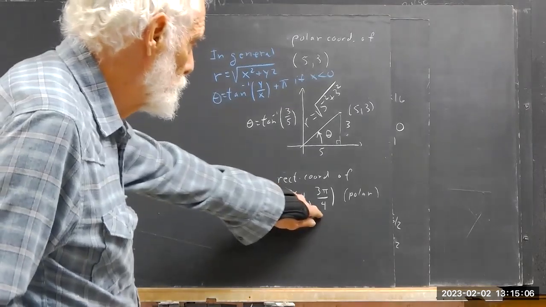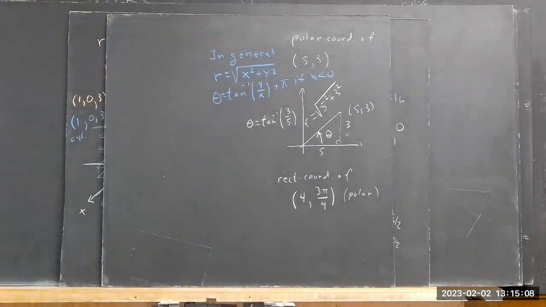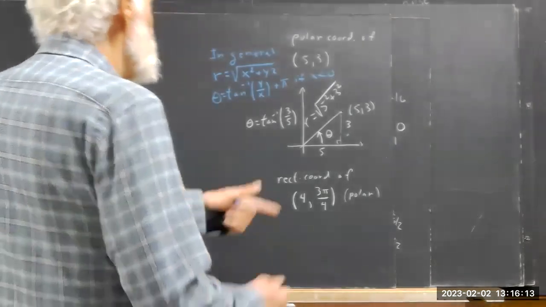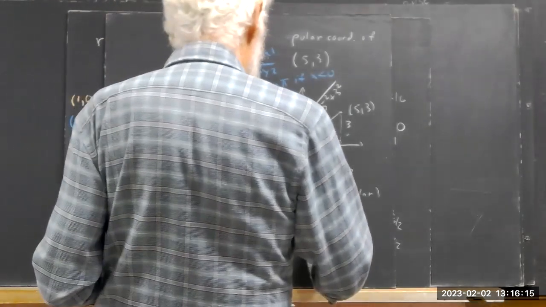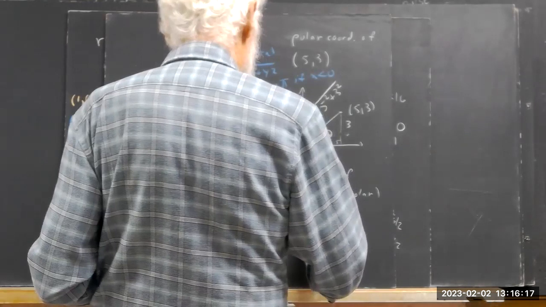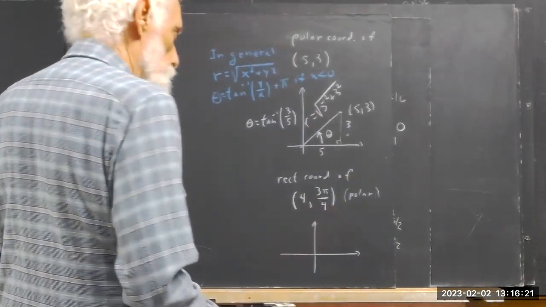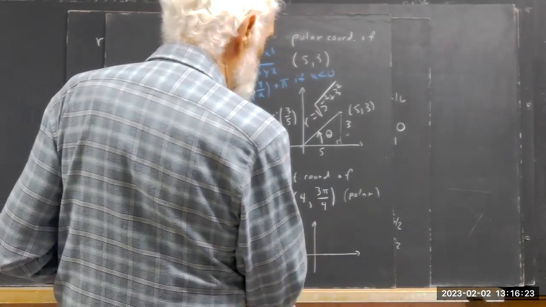What are the rectangular coordinates at this point? Okay, not quite. I didn't give you a lot of time. First of all, 3 pi over 4 is out here.